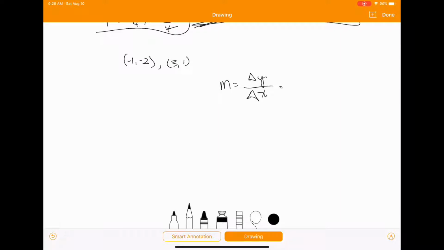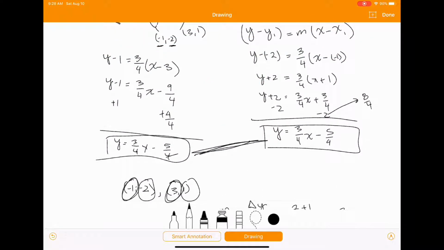So you're just going to take these and add them together, but you're going to take the absolute value of each one and add them together. So you're going to have 2 plus 1 over this plus this. But again, it's the absolute value of this plus the absolute value of that. So 1 plus 3. So you're going to end up with 3/4 like we had up here.